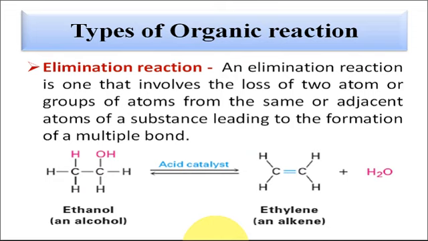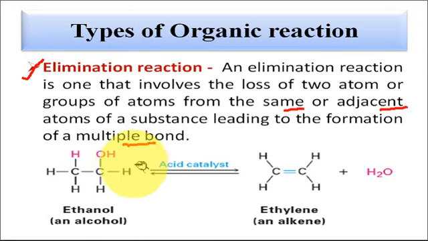Now, third type of reaction is the elimination reactions. An elimination reaction is one that involves the loss of two atoms or groups of atoms from the same or the adjacent carbon atoms of a substrate, leading to the formation of the multiple bond.